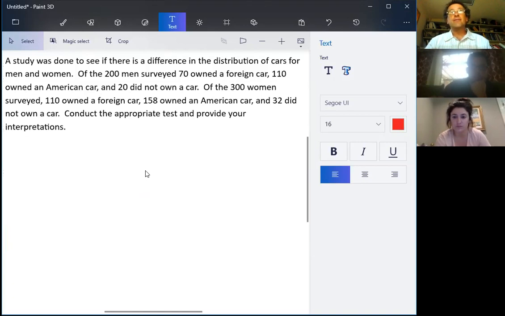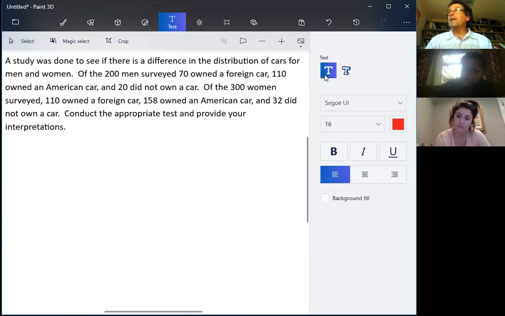Here, we have an unknown distribution, the distribution of types of cars for men, and another unknown distribution, the distribution of types of cars for women. We're not comparing the known to an unknown, we're comparing an unknown to an unknown. Is that clear?